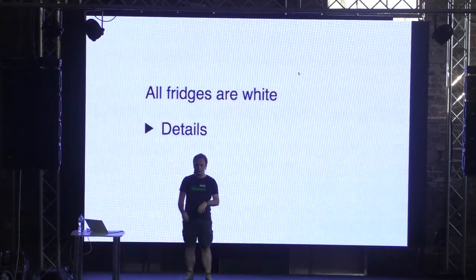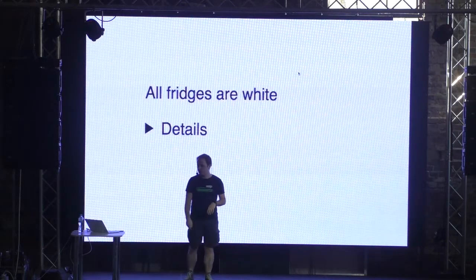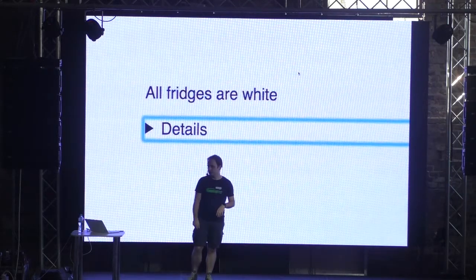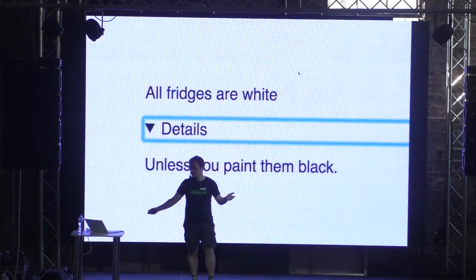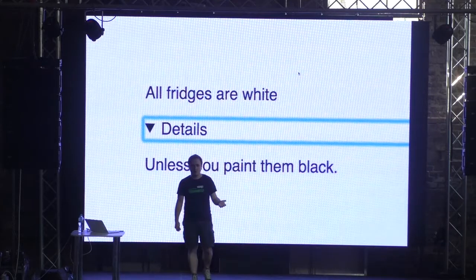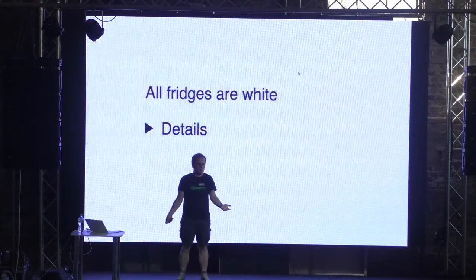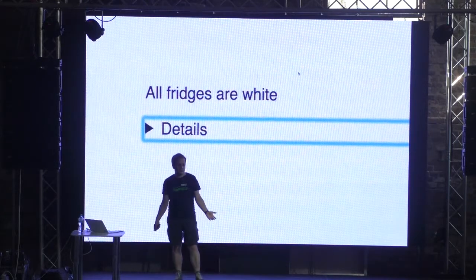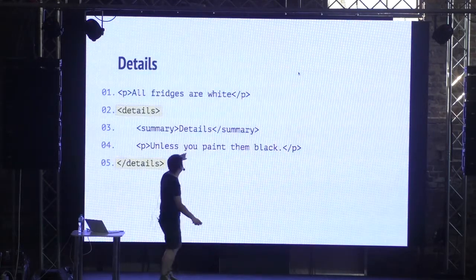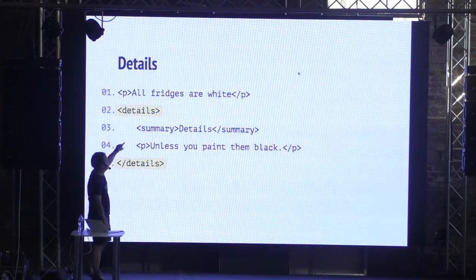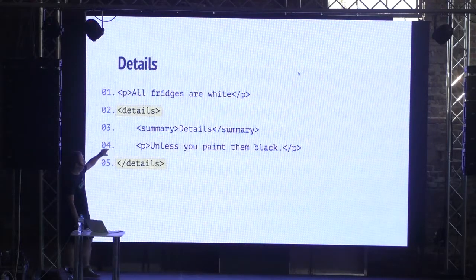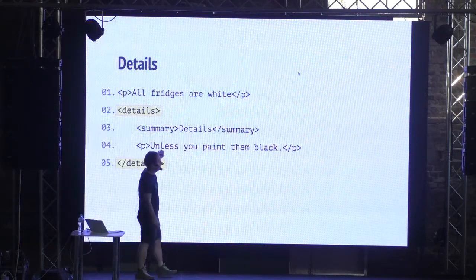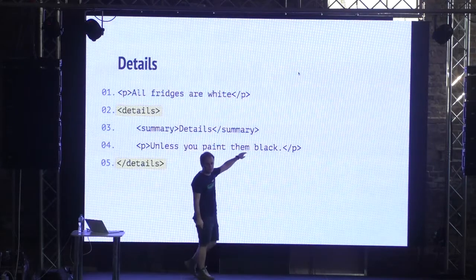And also not widely known among developers, details element. You can hide something and show without JavaScript. It's just a simple HTML element. Use it. It's just details element with summary, and by default, this thing under the summary is hidden.